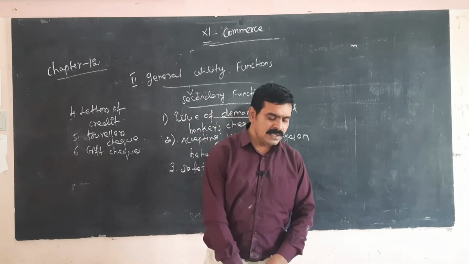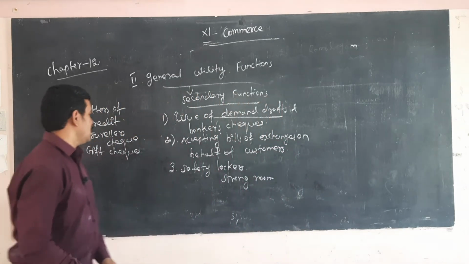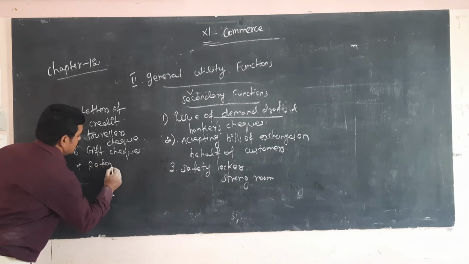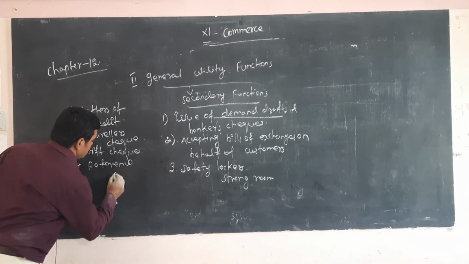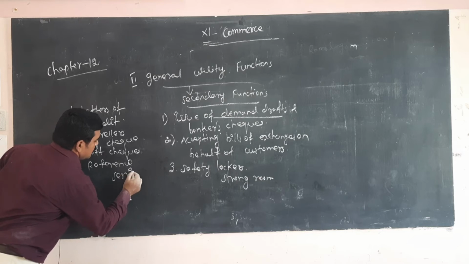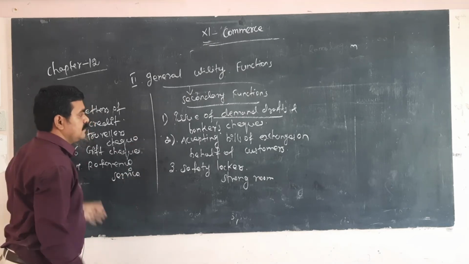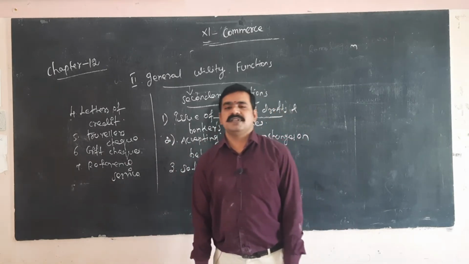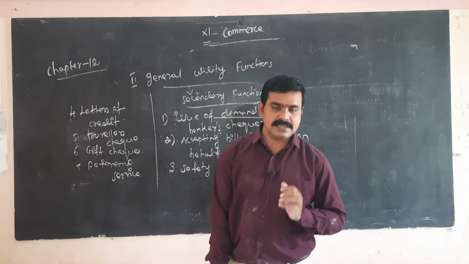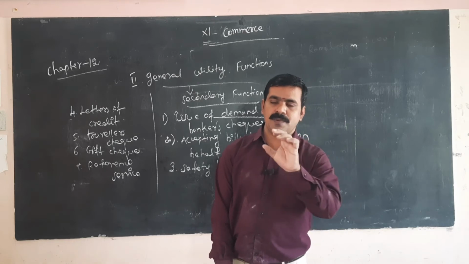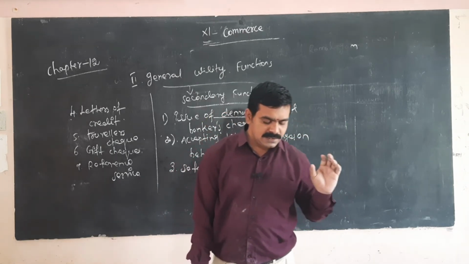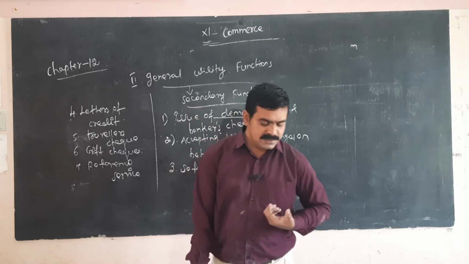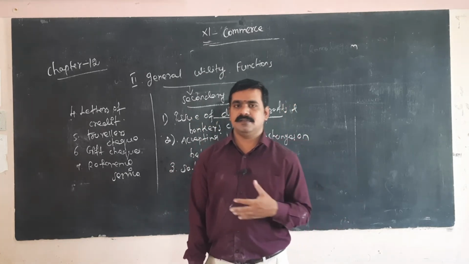Next one, reference services. The business firm can give the banker's name, such as IOB Bank or Canara Bank, as a reference to a new business institution establishing their company.